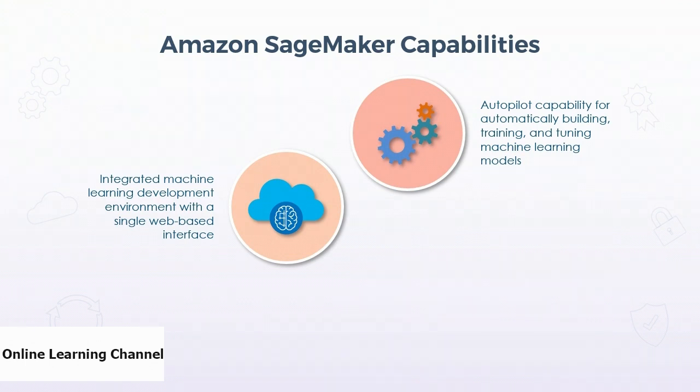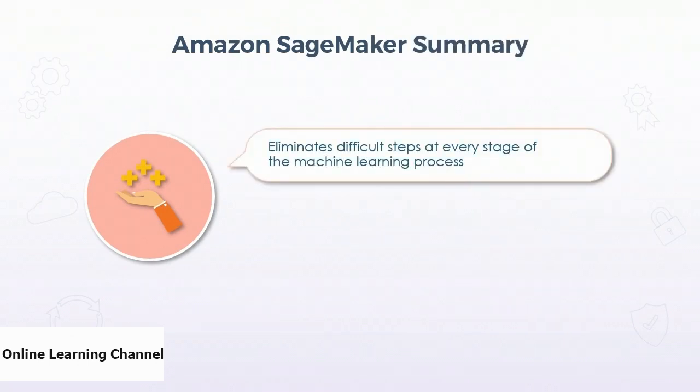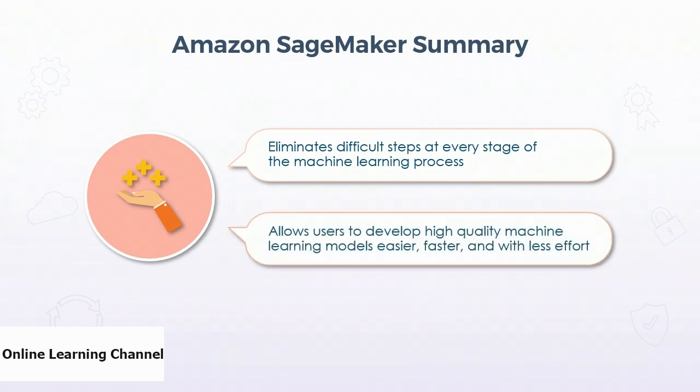SageMaker also offers a feature known as Ground Truth, where users can label data automatically for a variety of use cases. In summary, SageMaker eliminates the difficult steps at every stage of the machine learning process and makes it easier for users to develop very high quality machine learning models faster and with less effort.